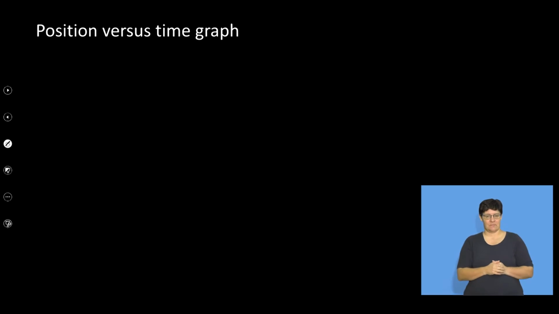Then, of course, our position versus time graph. Here, our graphs become a little more complicated because we now have multiple times when the ball's going to go up and get slower and come back down and get faster.